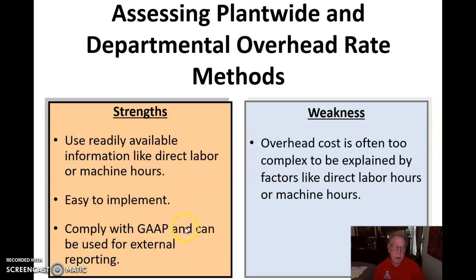And to be honest with you, almost always I've used these methods. The weakness is, though, that overhead cost is often too complex to be explained by factors like direct labor hours or machine hours. In my last job, which was a Fortune 500 company, we had 200 different products that we manufactured.